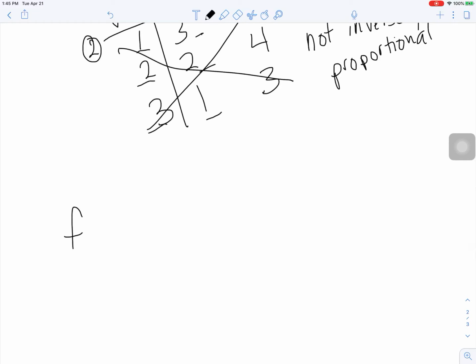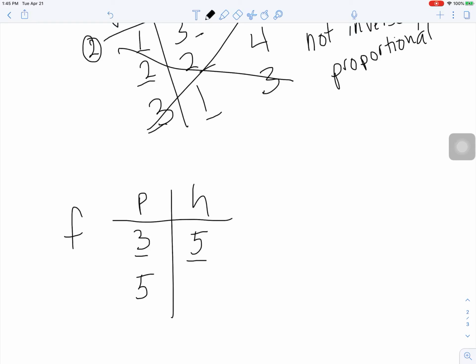All right, so if we move to F, it says it takes 3 people 5 hours to complete a job. How long is it going to take 5 people?